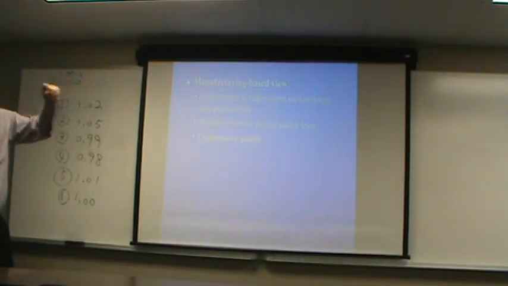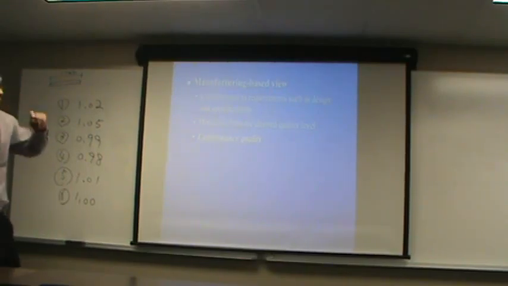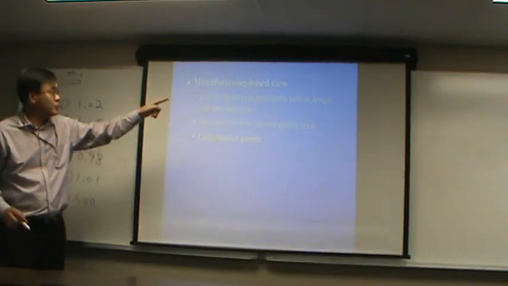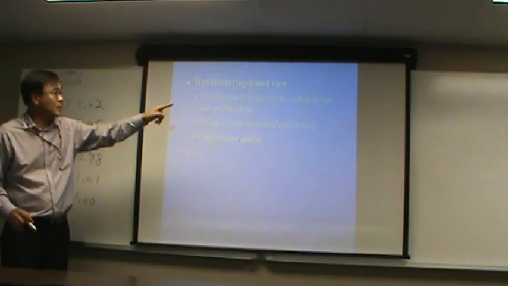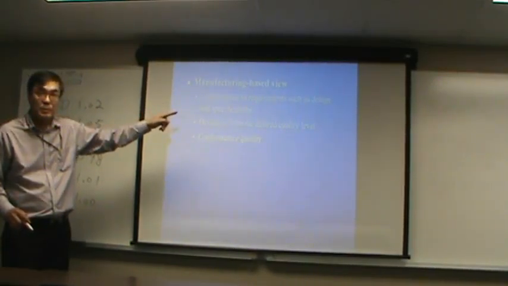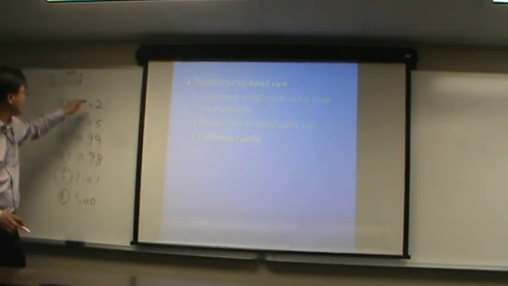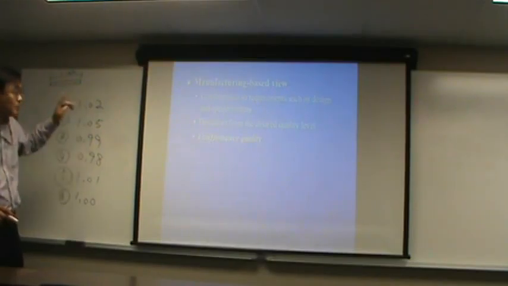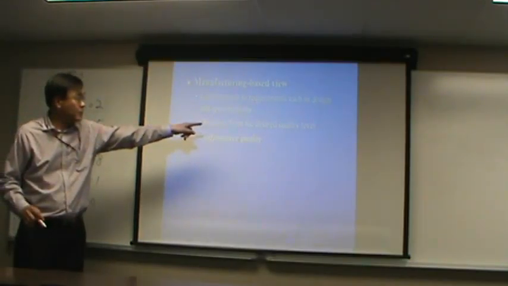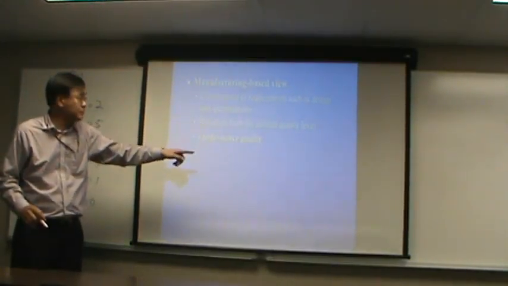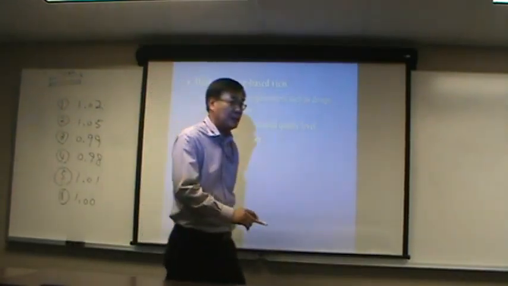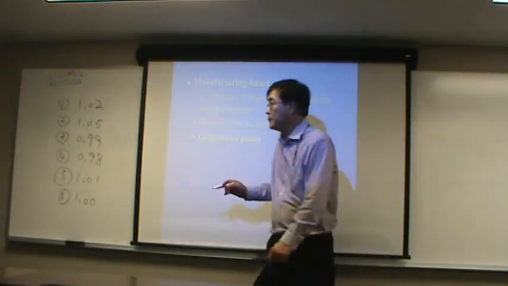Manufacturing view quality is conformance to the requirements such as the design and specification. Design and specification 1 inch, but deviation from the desired quality level. This is conformance quality.